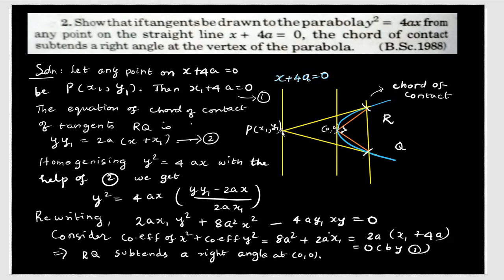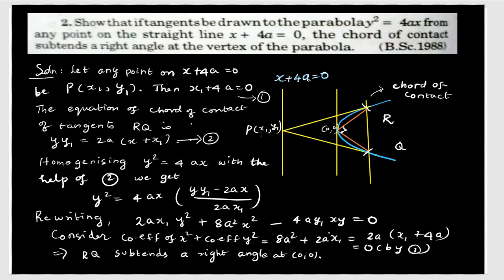And from this point P, tangents are drawn to y square equal to 4ax, and this is where the tangents meet the curve. From the point P we are drawing, so we have the points of contact to be R and Q. So the chord RQ will be the chord of contact of tangents.